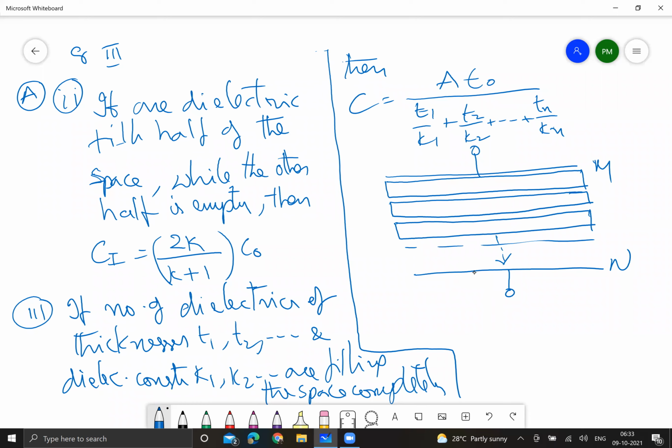So this is T1, T2, T3 and so on. And the dielectric constants are K1, K2, K3, etc.